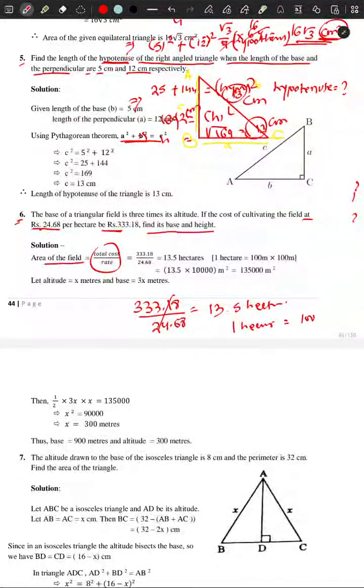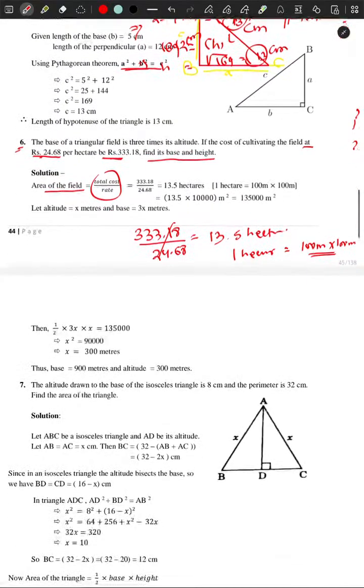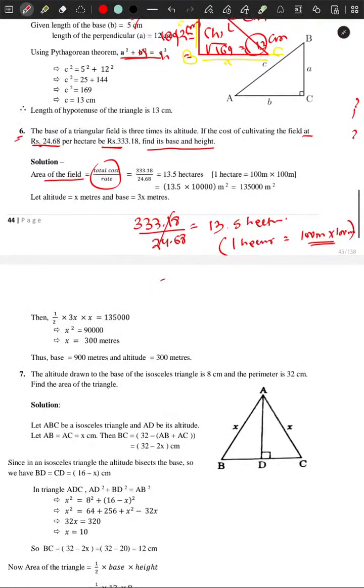1 hectare equals 100 meter into 100 meter. Let's multiply it. Cancel, and we get 135.30 meter square.